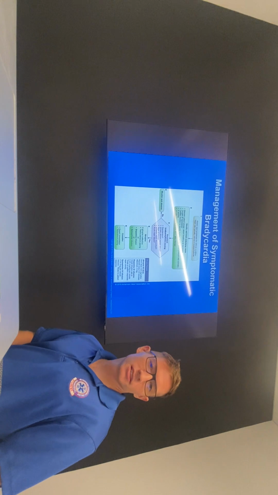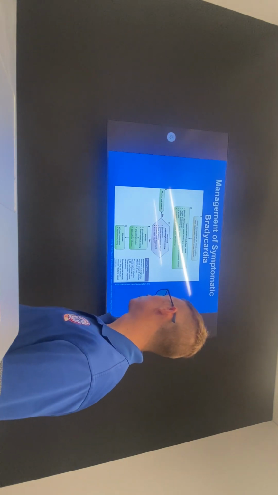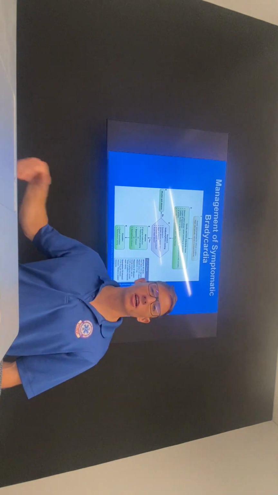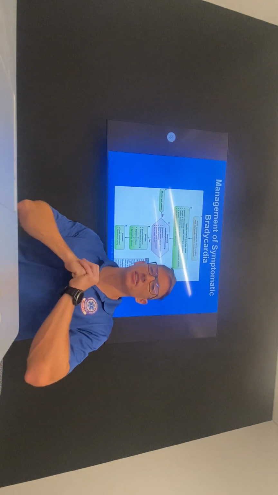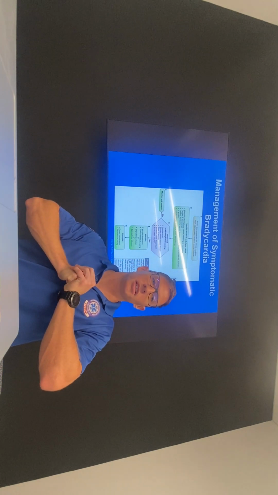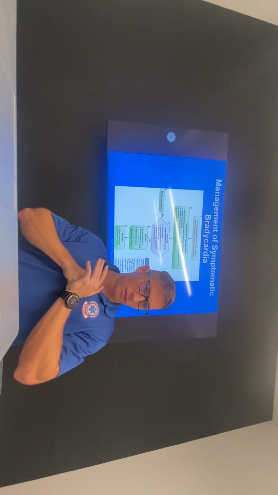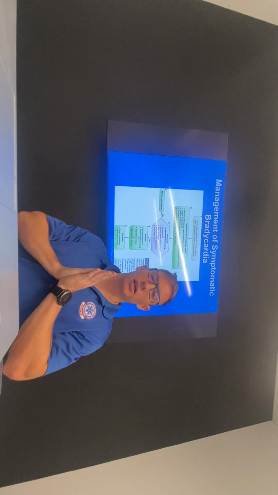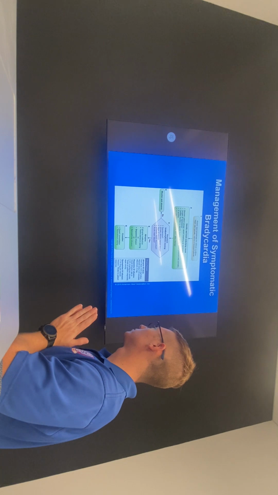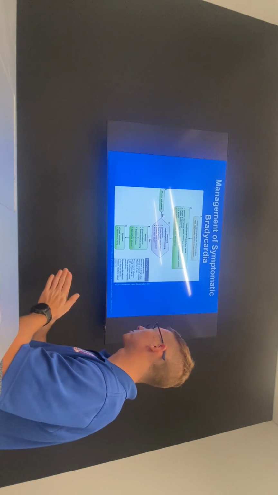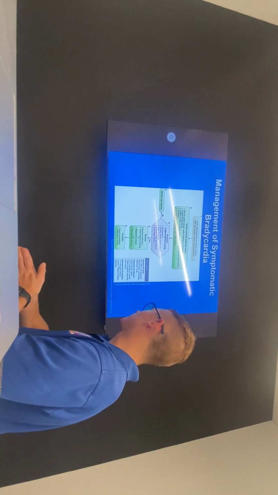We could also give dopamine, or we could give an epinephrine infusion. If we're going to do dopamine, we're going to do 2 to 20 micrograms per kilogram per minute. In a 100 kilogram patient, if we're going to give, let's say 10, that is 10 times 100 per kilogram per minute, so we're going to give 1,000 micrograms.